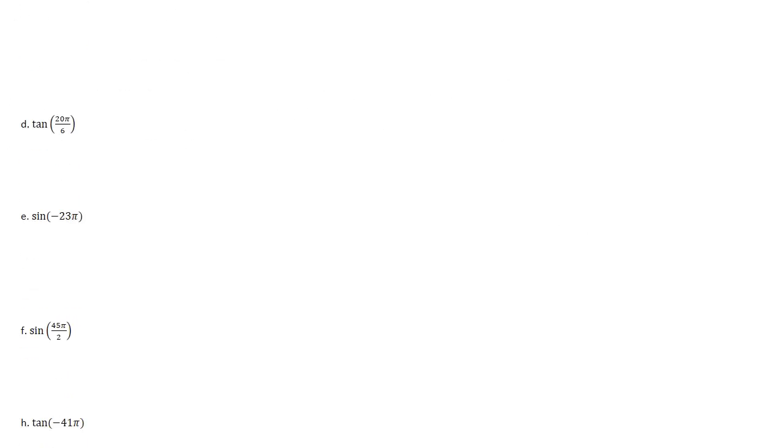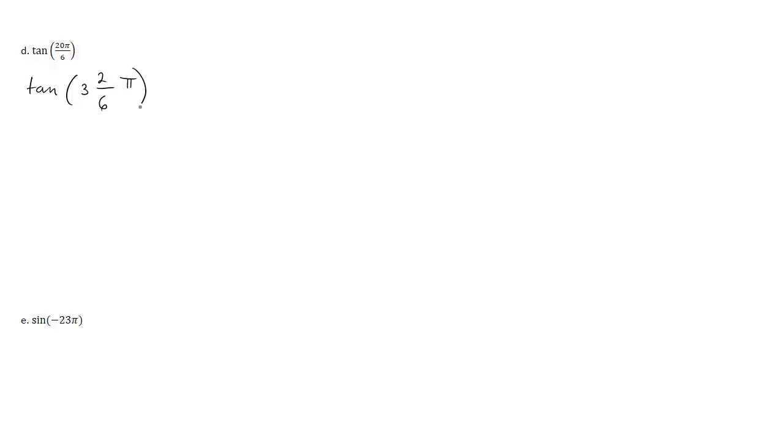Okay. Let's have a look at tan now. So tan of 20 pi over 6. Once again, we can break this down into tan of 3. 3 times 6 is 18, and then we have 2 over 6 left, and we have a pi on the outside.